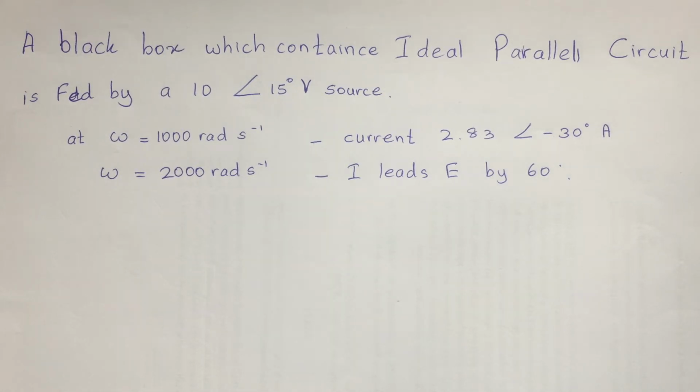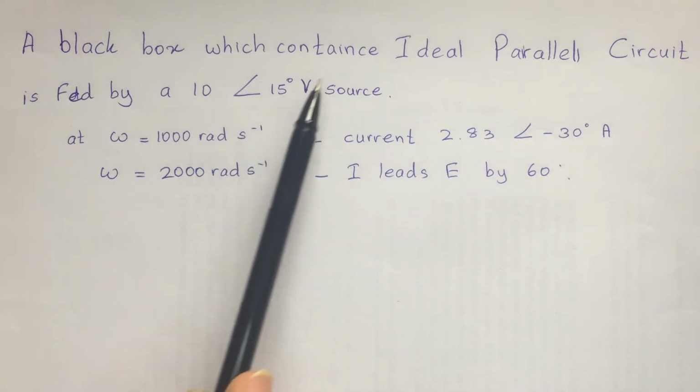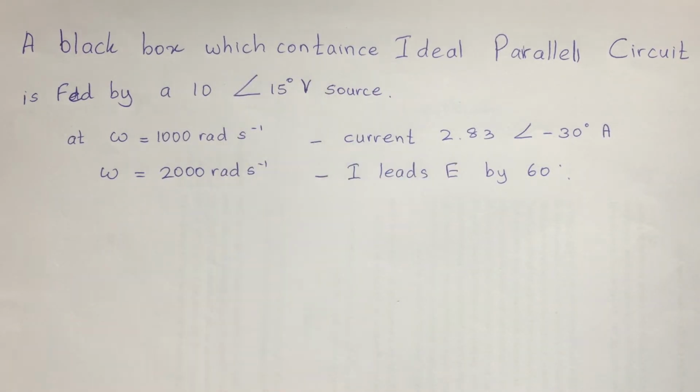So here you can see that voltage is leading this current, so we can directly tell it's going to act like an inductive circuit. If it has the characteristic of an inductive circuit, there must be an inductor as well as a resistor. Otherwise, it can't act like an inductive circuit.